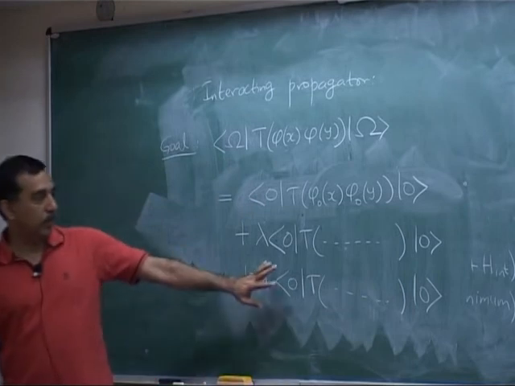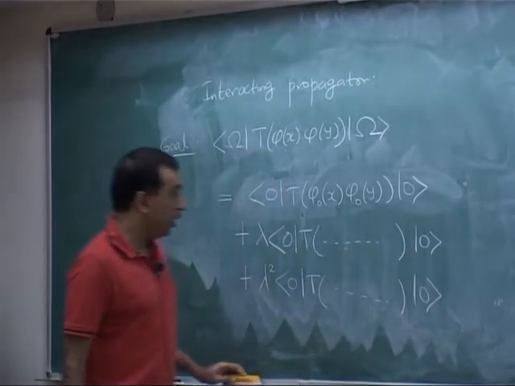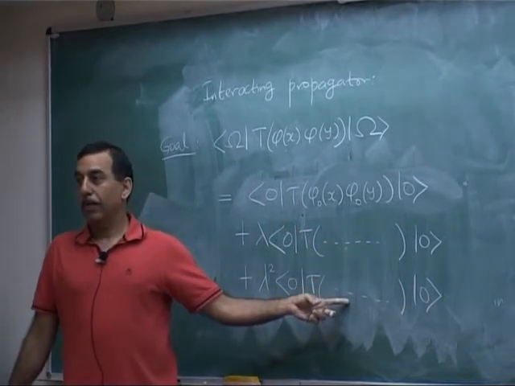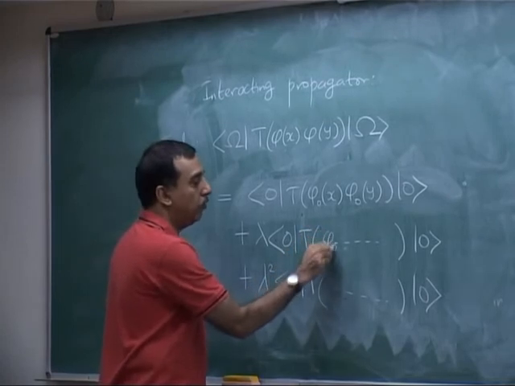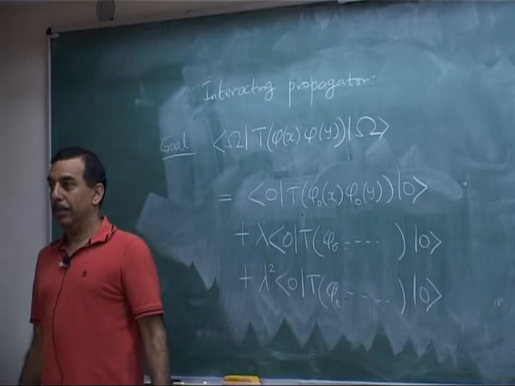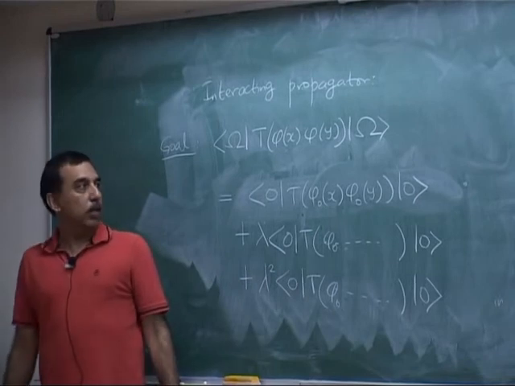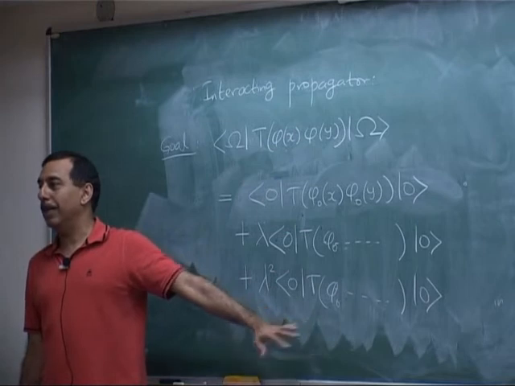And right now, with our present level of knowledge, we can't say what these things are going to be. Okay? But the only promise is that they will turn out to depend only on phi 0. Okay? So can you see that this is the most reasonable thing that we can expect?